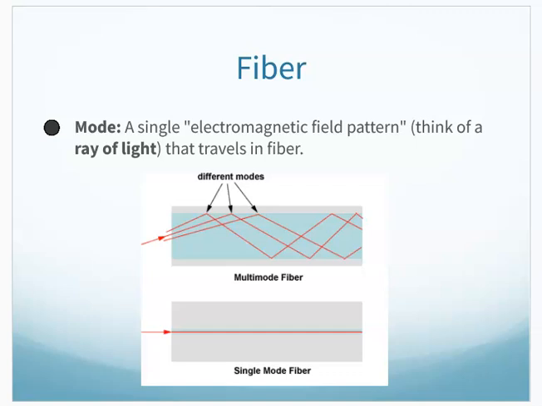That would be a multi-mode fiber. On the other hand, if I send a pulse of light down the fiber, think about a laser light, that is a single mode, a single ray of light down the fiber to represent that 1. That is a single mode fiber.